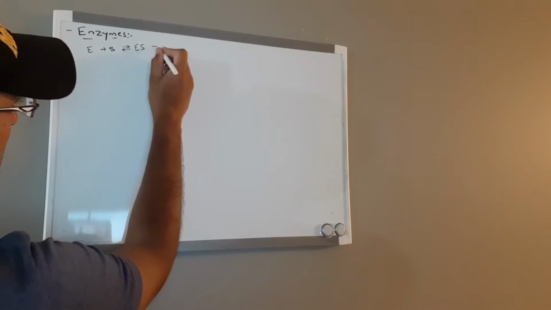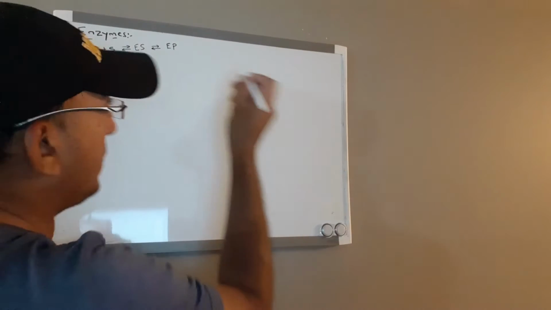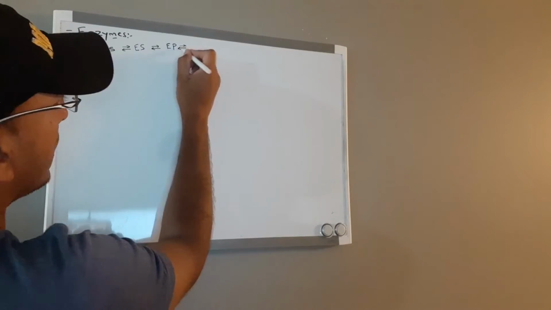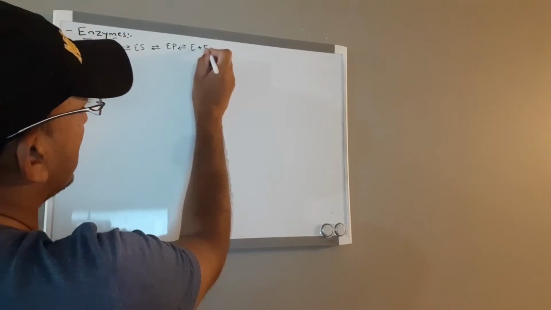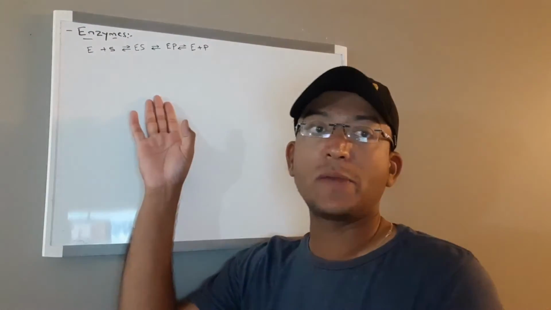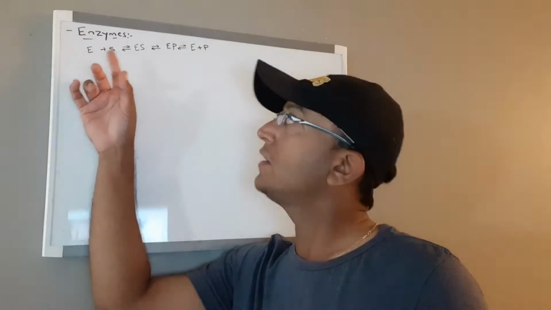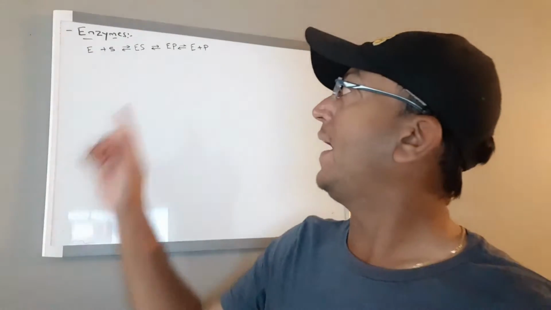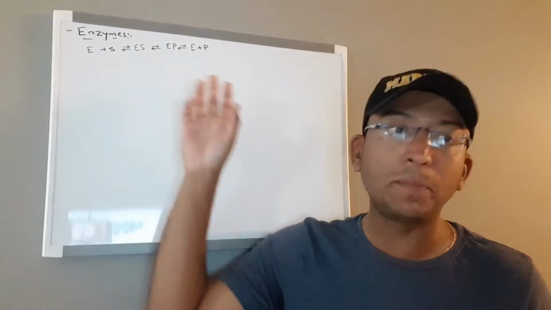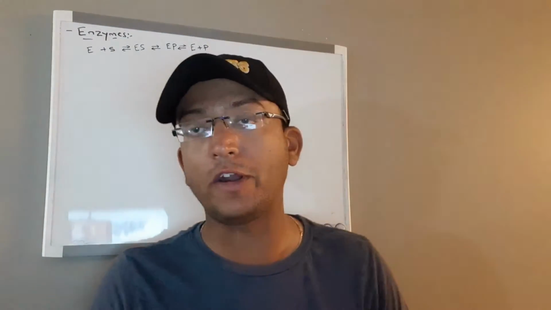That might be ES, this is again both sides, that is EP, and that is E plus P, product, correct? So this is just a simple enzymatic reaction where E is the enzyme, S is the substrate, P is the product, and ES and EP are the transient complexes of the enzyme with the substrate and with the product.